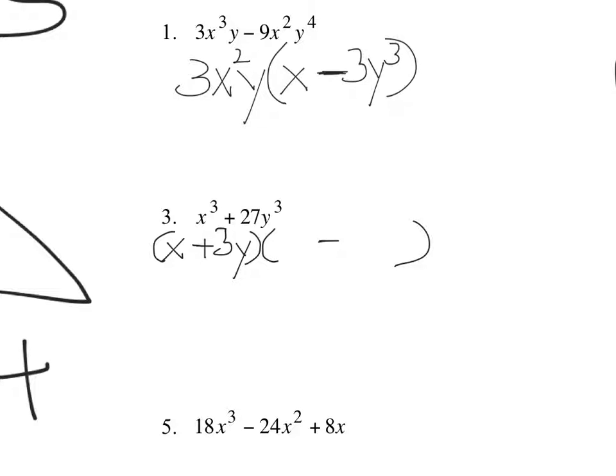So for this one, there's 3 terms here. The first term is going to be this term squared. This term times itself. X times x, x squared. Okay? The middle term is going to be these 2 multiplied to each other. X times 3y is 3xy.